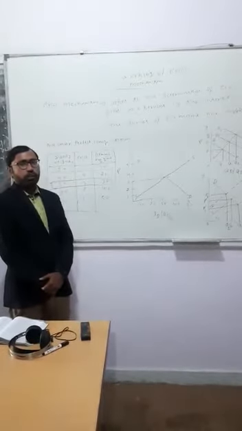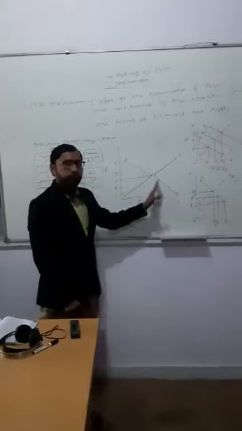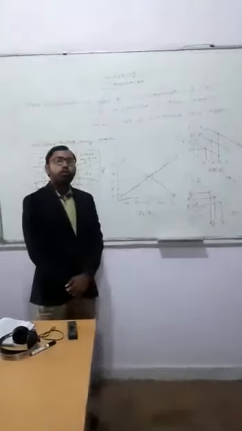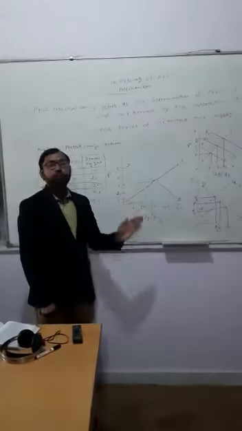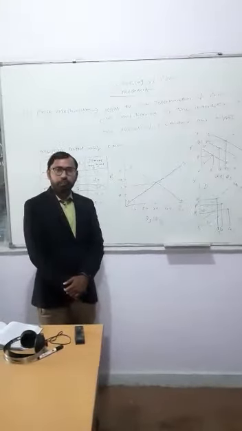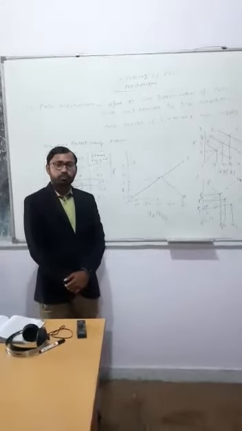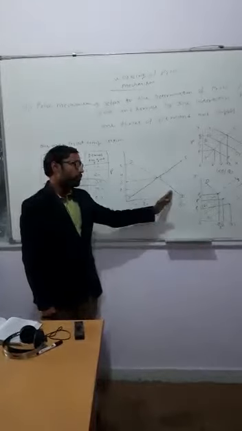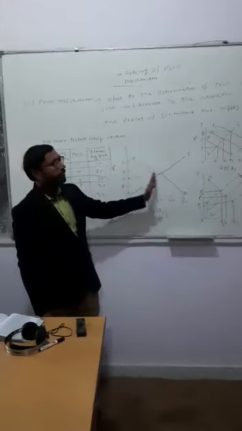When we talk about the demand curve, this is our demand curve. According to the law of demand, there is an inverse relationship between price and quantity demanded, ceteris paribus, meaning other things remaining constant. So this demand curve is downward falling, negatively sloped.